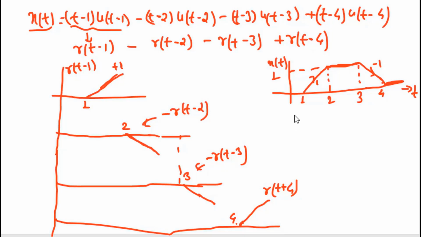Now for finding the energy in x of t, you need to integrate from minus infinity to infinity the mod of x square of t dt.